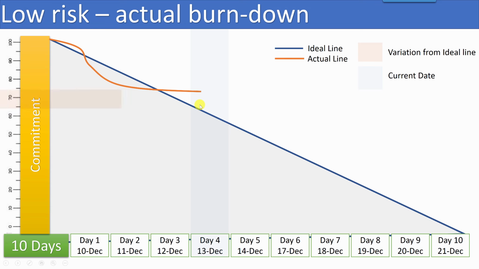This box is representing how risky it is, because if this situation happens in the middle or beginning of the sprint, it's not that risky. If you have this kind of situation at the end of the sprint, it becomes more risky because you don't have much time to recover that loss. This is because we have some loss and we were unable to follow the predicted ideal burndown chart. We are not updating or working on the work that is actually planned.